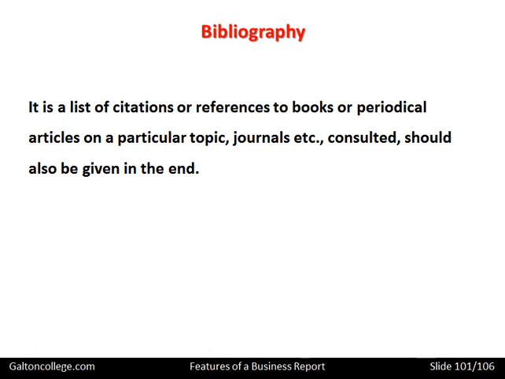If it's work by particular writers, by particular authors, then list the authors alphabetically so that it's easy for the reader to find them. If it's Smith, it comes under S. If it's Jones, it comes under J. So it's alphabetic.